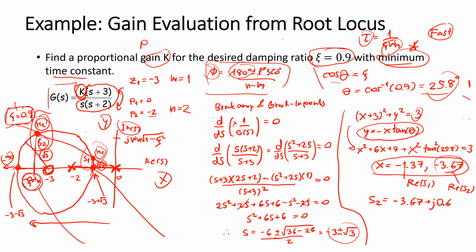Maybe you will try to cross check, but when I did calculation, the real part minus 3.67, imaginary part with the damping ratio 0.9, I got 0.6.